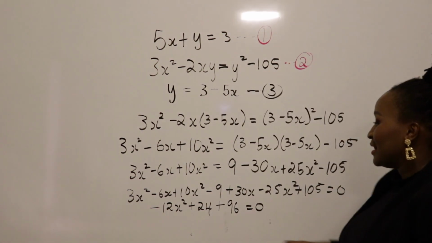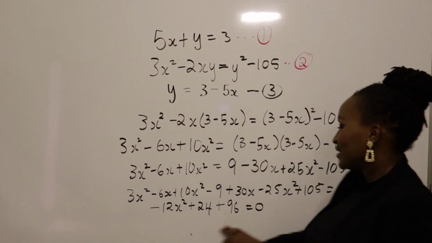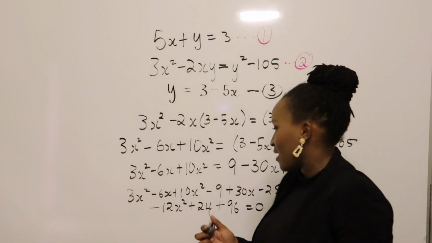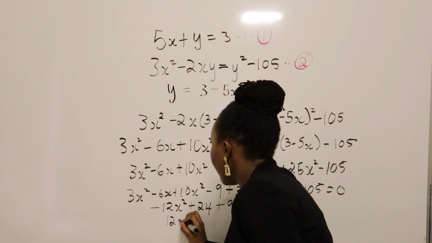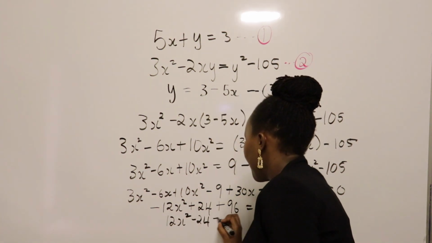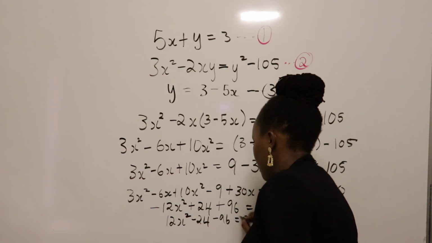Alright, cool. Now we can just multiply with our negative and then go mode 5 3 and find the final answer. So we'll have 12x squared minus 24x minus 96 is equal to 0.